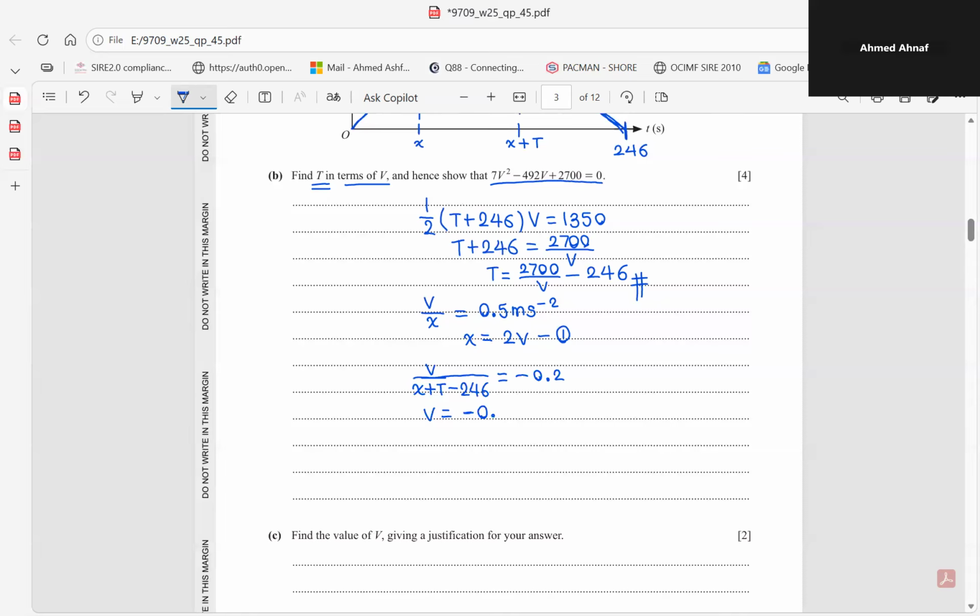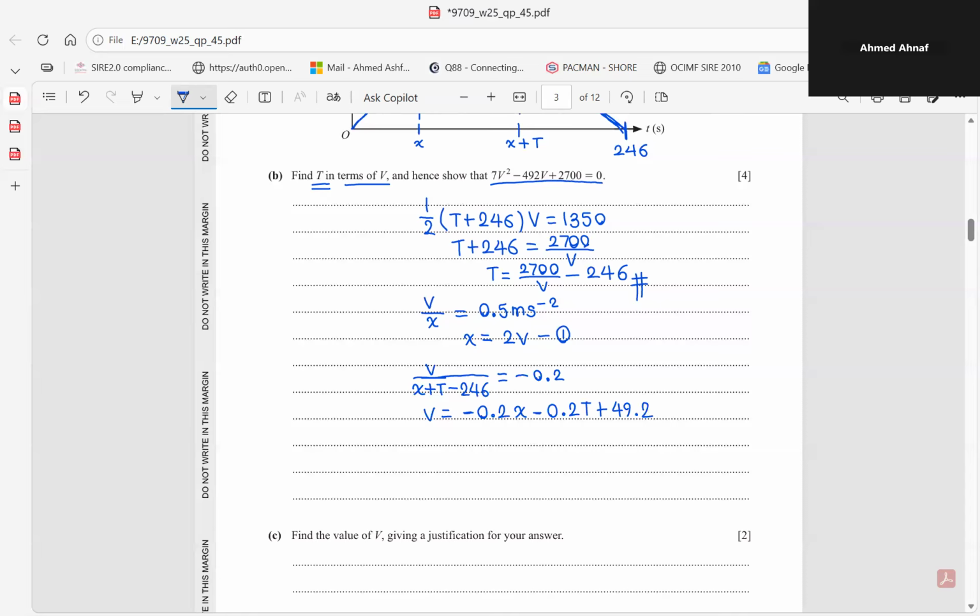Minus 0.2x minus 0.2t, minus 0.2 times minus 246, you get plus 49.2.